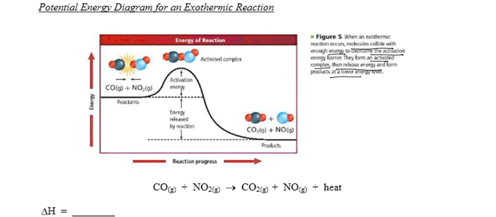So now we have to start identifying a potential energy diagram. This one is for an exothermic reaction. Reactants react, products are produced. So this line shows the potential energy of the reactants. This part shows the potential energy of the products.